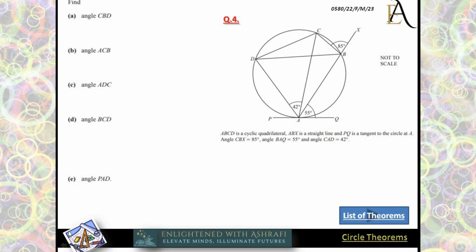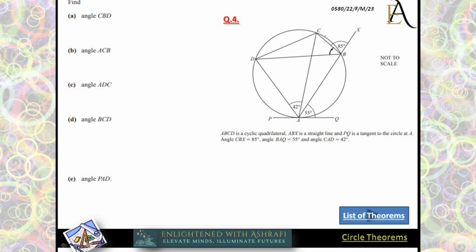Here we have a circle which has ABCD, a cyclic quadrilateral, ABX is a straight line, and PQ is a tangent to the circle at point A. Angle CBX is 85, angle BAQ is 55, and angle CAD is 42. So we have to find out angle CBD. This angle is what we have to find out.